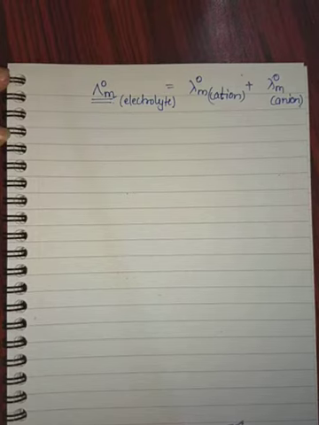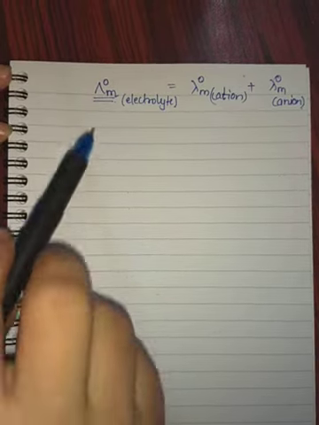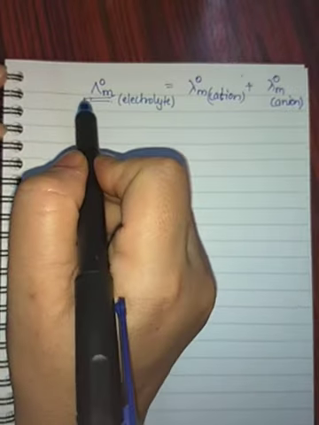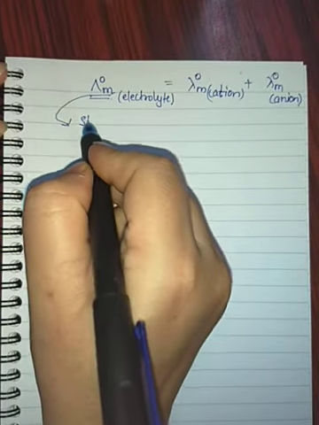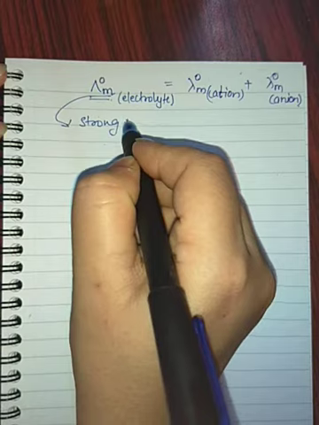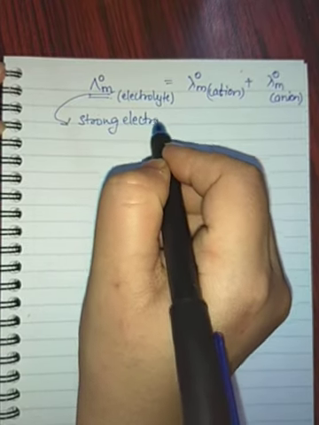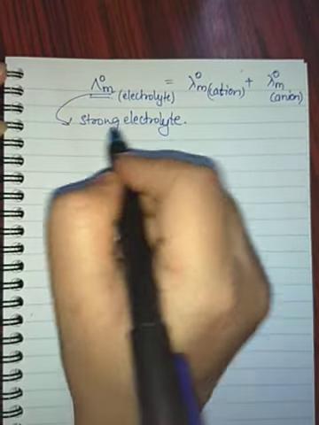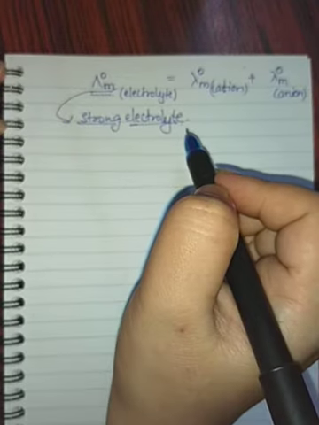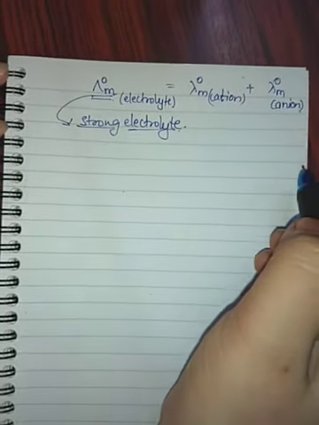So if you are given the limiting molar conductivity of a strong electrolyte, how are we going to calculate it? From the graph we saw in the previous video.